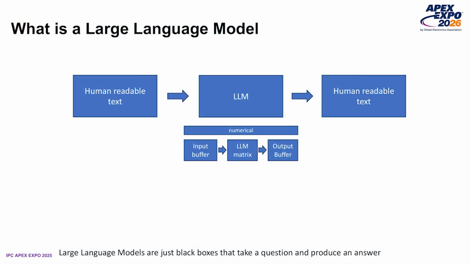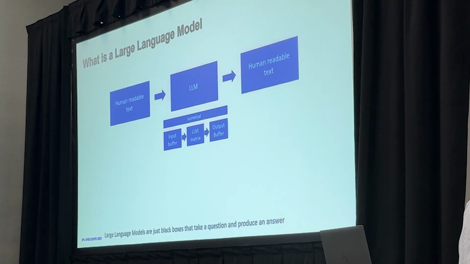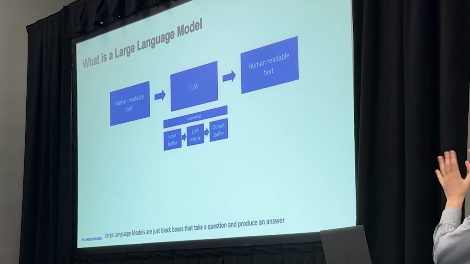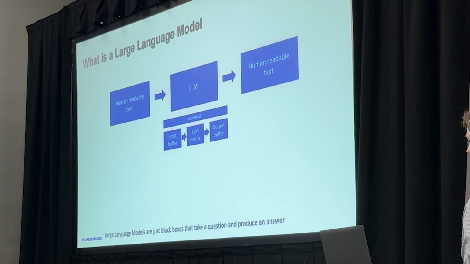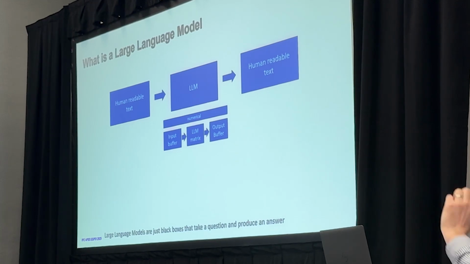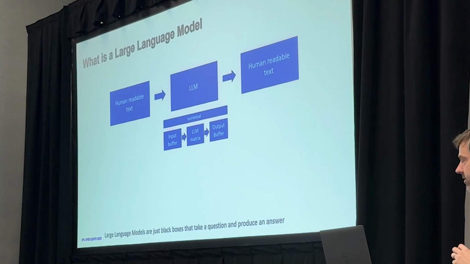So under the hood, because these things are all giant matrices of numbers, there's an encoding process where I start with some human readable text and I've got some fixed input buffer of size. I've got a matrix, I've got an output buffer. So how does the LLM work? I've got something which can take a question, represent it up to some maximum size, run it through this thing, and I get an output that can also be transformed back into human readable text, also of a fixed size.